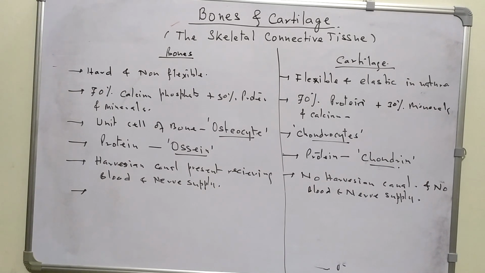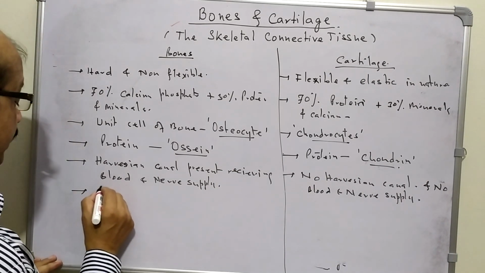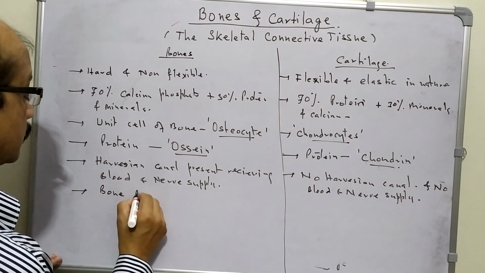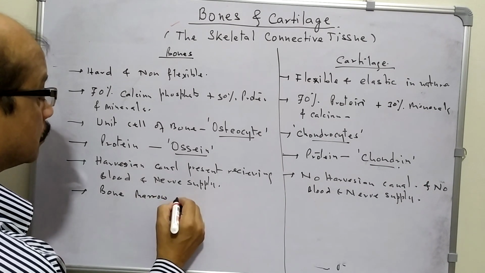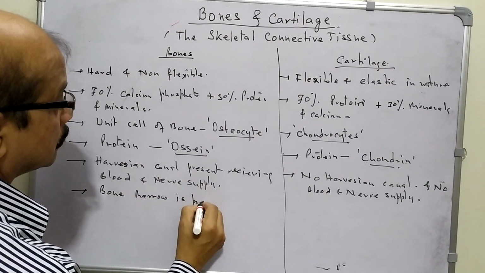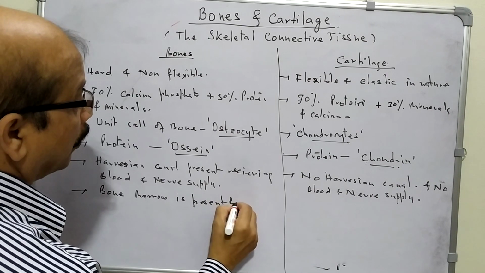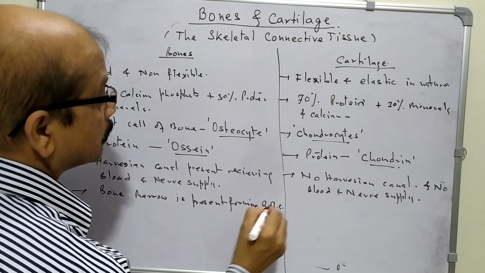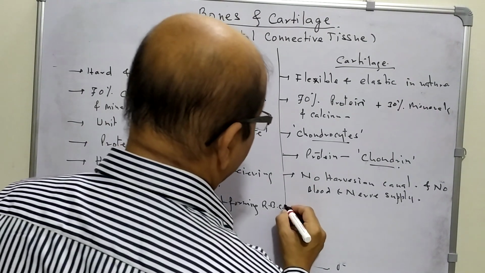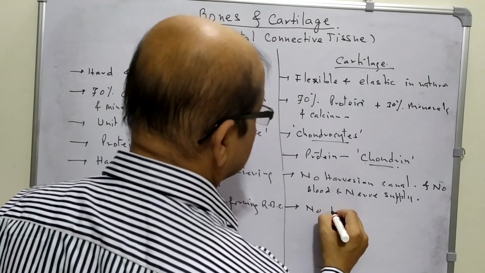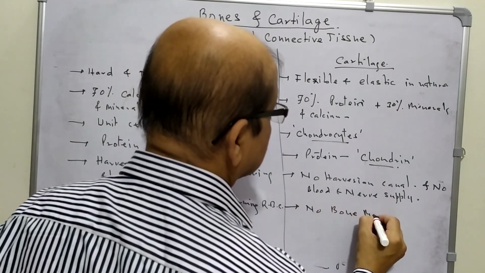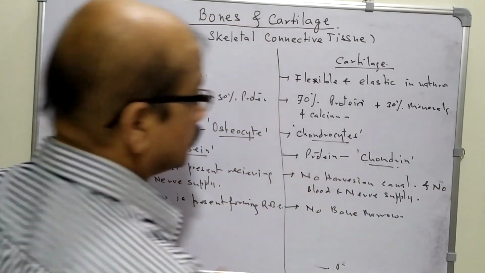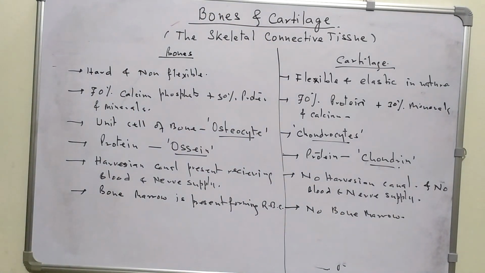Now some more differences. Bone marrow is present in bone, forming RBC. In cartilage, no bone marrow. Right?